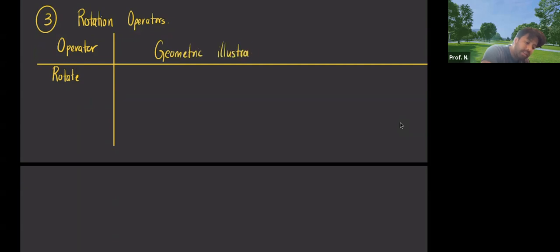For this example, the geometric illustration actually helps a lot. For the other two, you don't really need it; you can visualize it yourself. But for this one, the geometric understanding actually helps a lot in piecing together what the associated matrix would be and how that's connected to the operator.